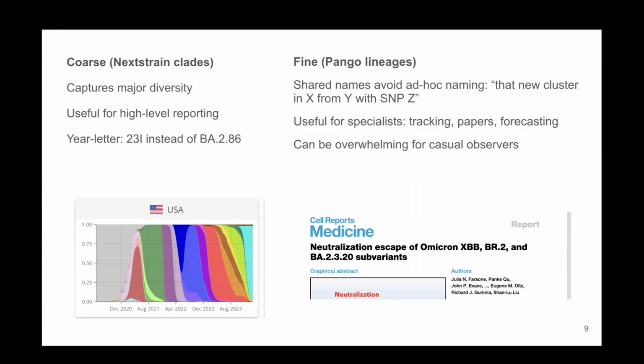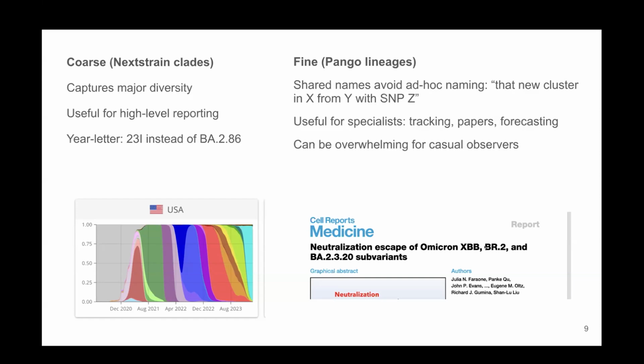For example, CoVariants makes these Muller plots, and it's quite useful to have things at this very broad Nextstrain clade level. Otherwise, it would be a mess. There would be 4,000 different lines in there, and you wouldn't really see anything. Whereas here, you can see that there was BA.1, and in purple there was BA.2, and a lighter shade of purple, and so on. On the other hand, one advantage of having lots of lineages is that people can use them in papers as soon as they are available.